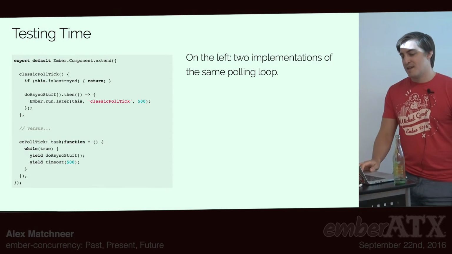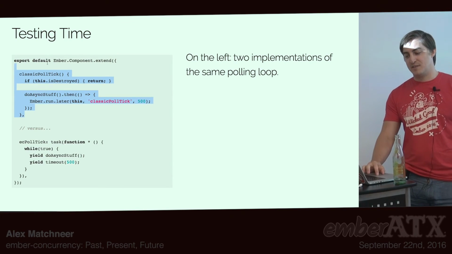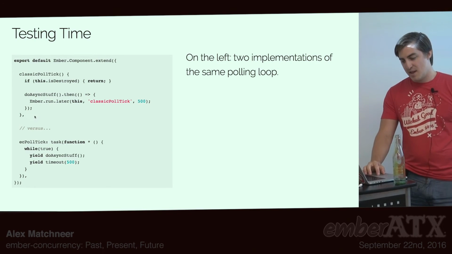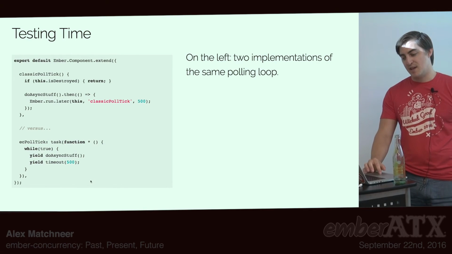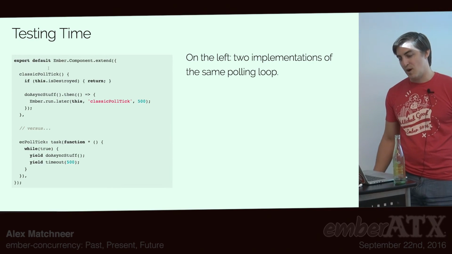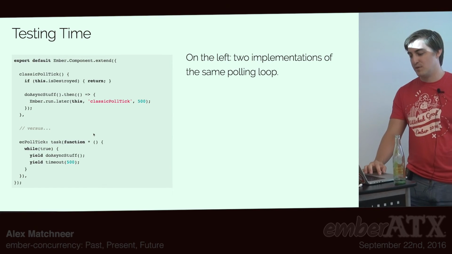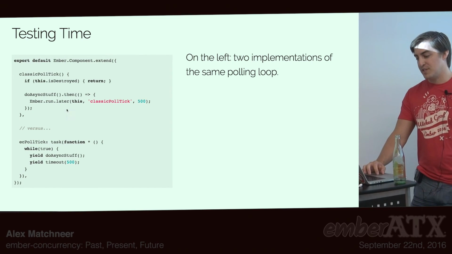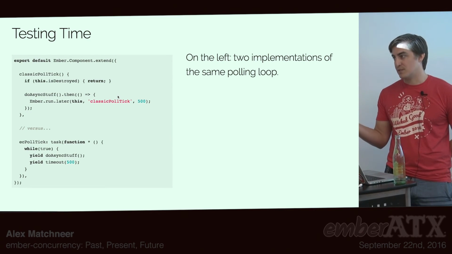But for instance, if I have an example where this asynchronous thing is implemented using plain old functions and a promise and a .then, versus the Ember concurrency way that you would write the same thing, these two things do the same thing and they're just as difficult to test. Why? Because whether you're using a very explicit while true loop that goes on forever until a component's destroyed, or you're using this approach where you call a promise and use .then and then say after the results come along, then 500 milliseconds later run it but stop it when it gets here, it's still a loop. It's still like a timer loop.